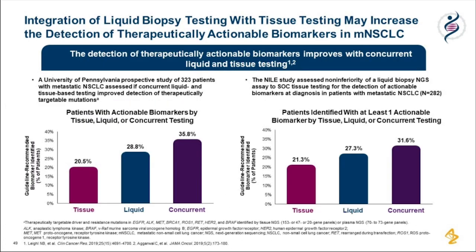And then regarding the integration of both liquid and tissue in terms of identifying actionable biomarkers, concurrently, you can see in the purple bar it's significantly higher than liquid alone or tissue alone. And for at least one actionable biomarker, once again, we've got something very similar.